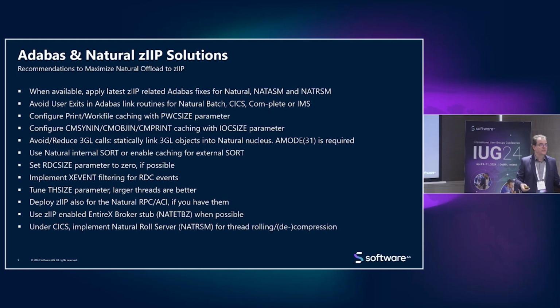ACI are basically natural servers, pure natural applications, which could be zIIP enabled. And for Darva, for example, we used this module, and we then reduced the RPC to ETB dramatically. Actually, this goes down to 3. Always only 3 switches happen for your address space of a natural ACI server or RPC server.